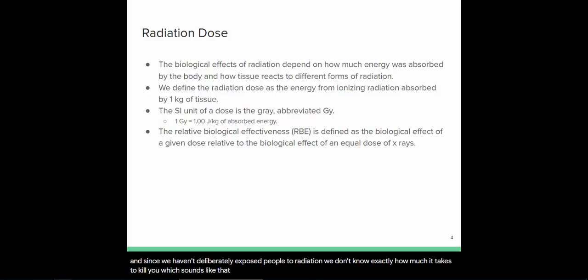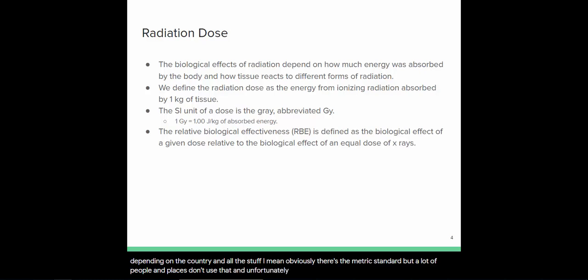Which sounds like a bad thing because we don't know, but it's a good thing because we didn't deliberately expose people to radiation, right? So when it comes to radiation doses, there are many units that people use depending on the country and all this stuff. I mean, obviously there's the metric standard, but a lot of people and places don't use that.